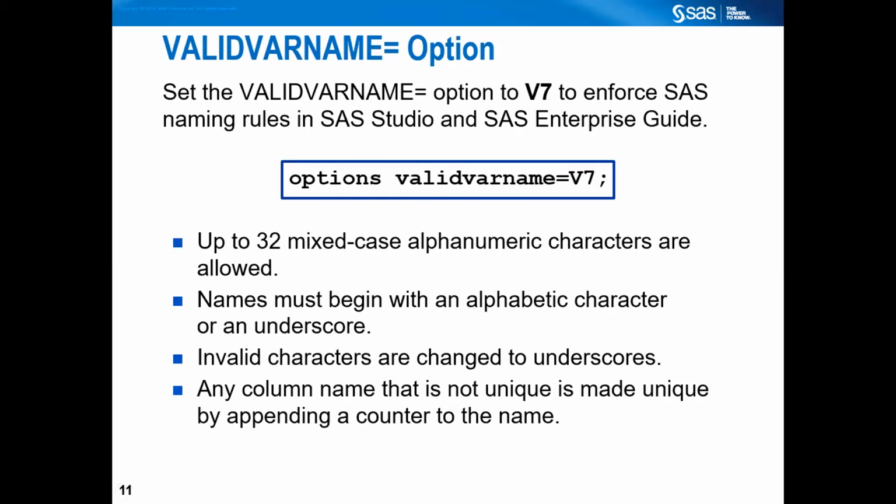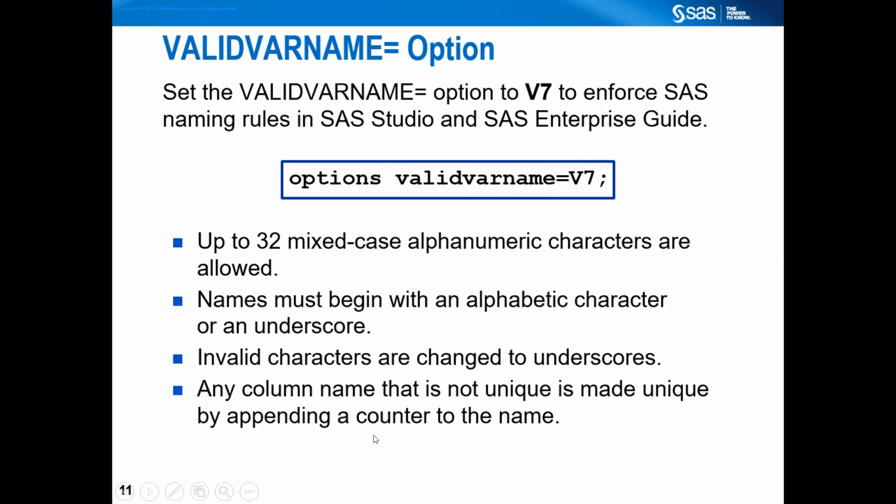To avoid that, you can make use of a system option, which is a global statement: options validvarname=V7. Once this system option is set, even if you read any type of non-SAS file, all the naming conventions are converted to SAS naming conventions followed through version 7, which is V7.